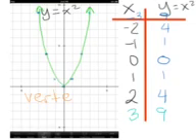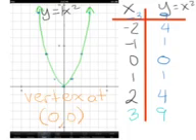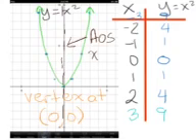There is a vertex at 0, 0. There is an axis of symmetry that goes right down the middle. And the graph is perfectly symmetric around that axis of symmetry.